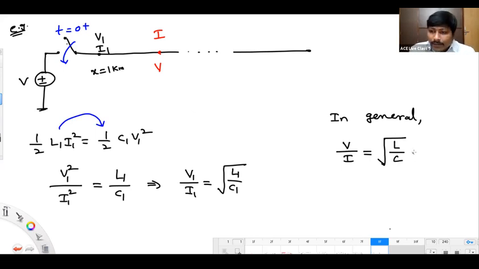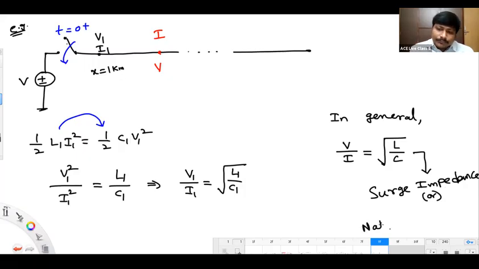Surge impedance, or natural impedance of transmission line.